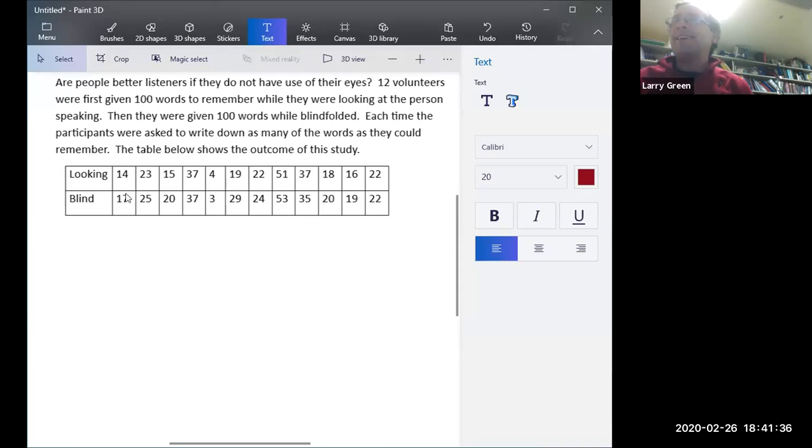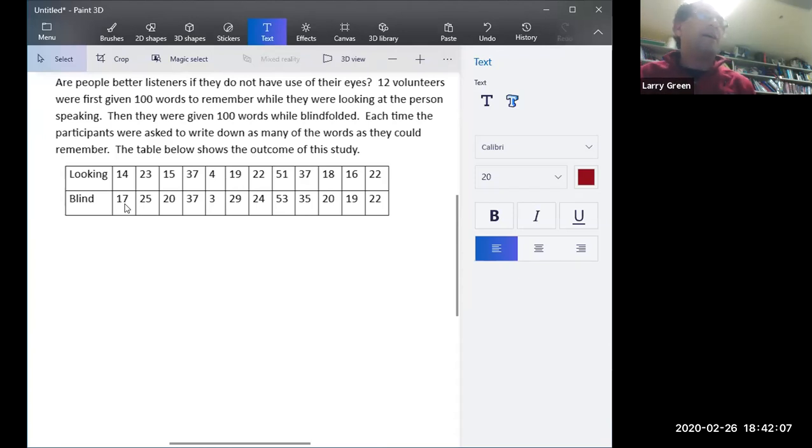Okay, the idea here, see this number 14 and the number 17, those first numbers? That's the same person. Is that clear? Because it says that every volunteer first tried it looking and then tried it blindfolded. So we call this dependent data because we're looking at the difference between, like before, but this time one person had two answers.